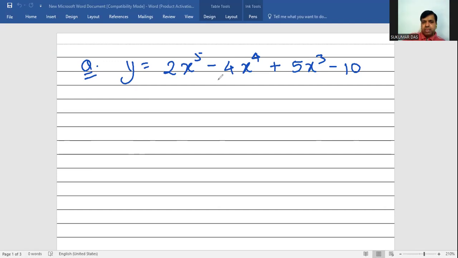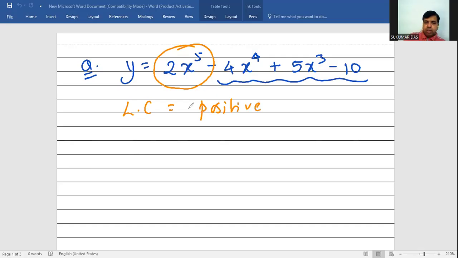So you see, the rest all does not matter. We have to figure out which is our degree and what is the leading coefficient. So obviously we are more concerned about this. Here we can see that our leading coefficient is positive. The value is not needed. So our leading coefficient is positive and the degree is odd.